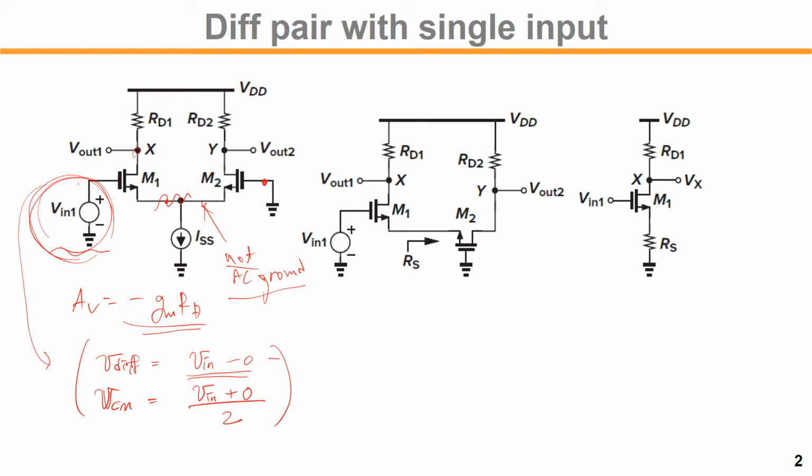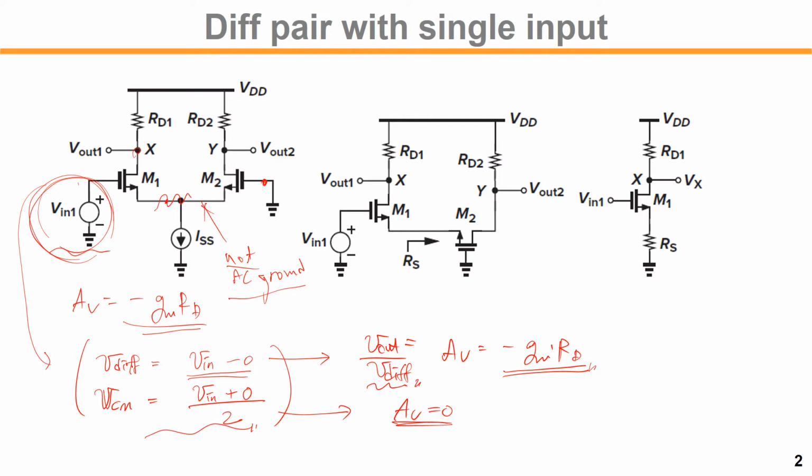For the differential, we see that Vout over Vdiff is Av, minus gm RD. So our circuit only shows gain for the differential component. For the common mode component, there is no gain, right? So that's why we are getting the same gain derivation, even though the source node is moving around.